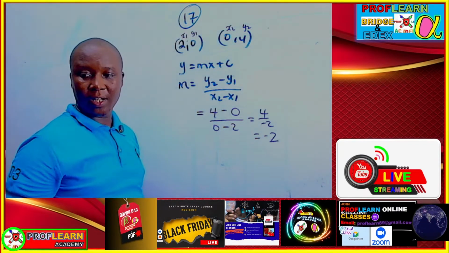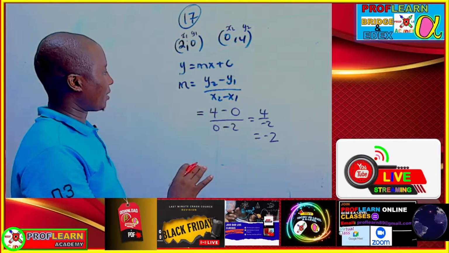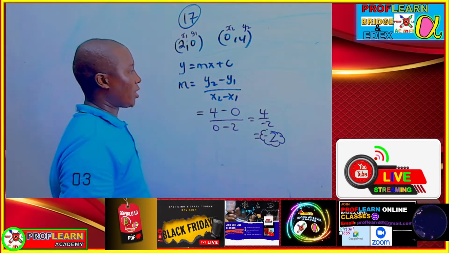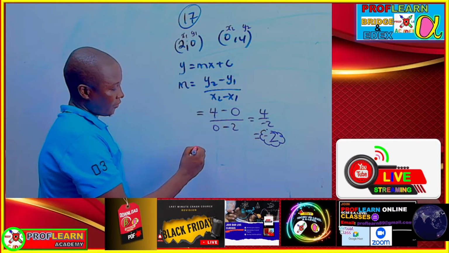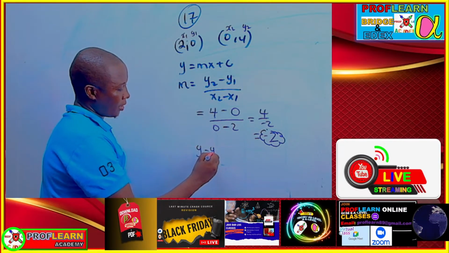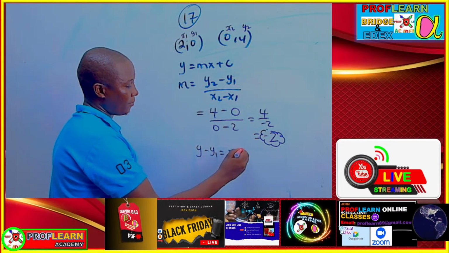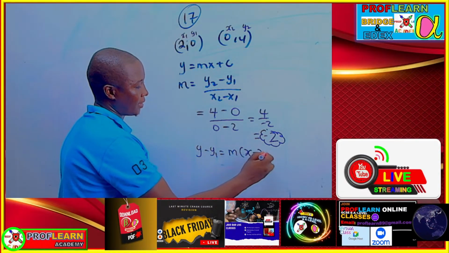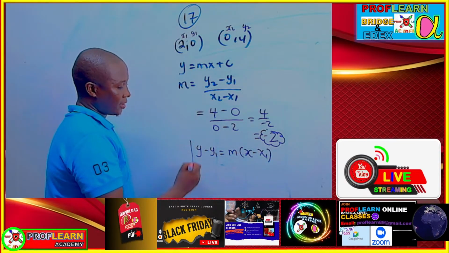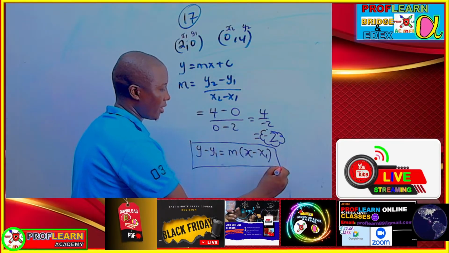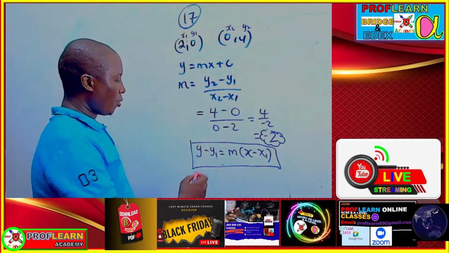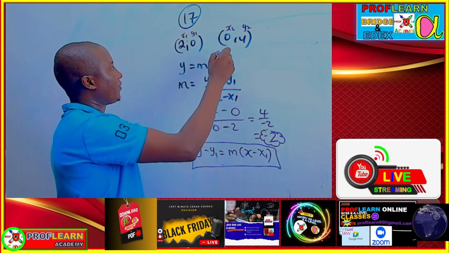Once you have the gradient of this line, you are going to say, using the formula y minus y1 equals m into x minus x1. This is the formula you use whenever you want to find the equation of a straight line, where y1 is any of the given coordinates.